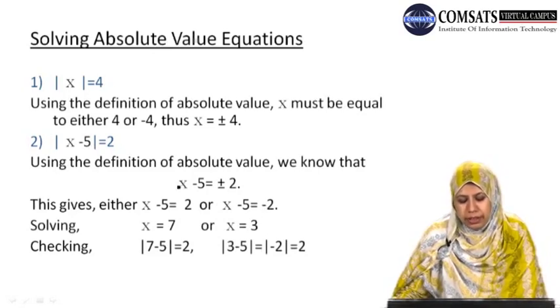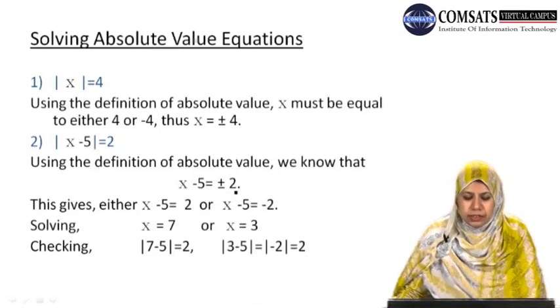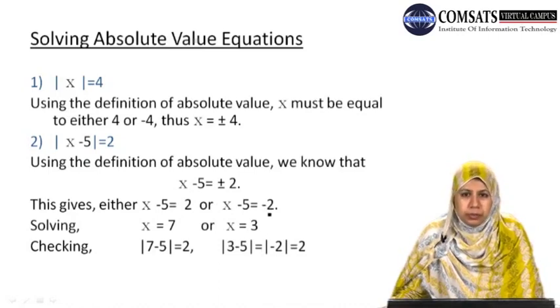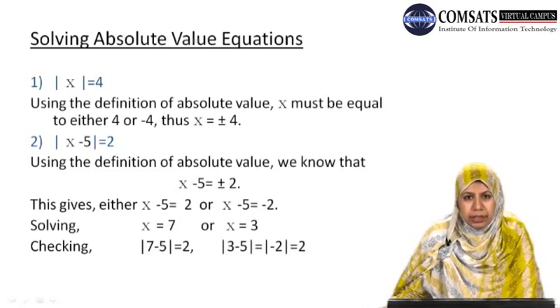That is, mathematically, x minus 5 is equal to plus minus 2. This gives us two equations, that is when x minus 5 is equal to 2 or x minus 5 is equal to minus 2. Now we will solve these equations separately as we have done in our first lecture.